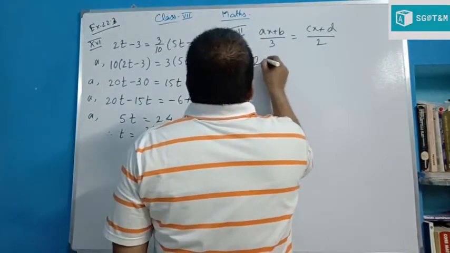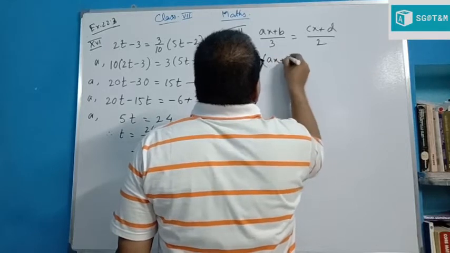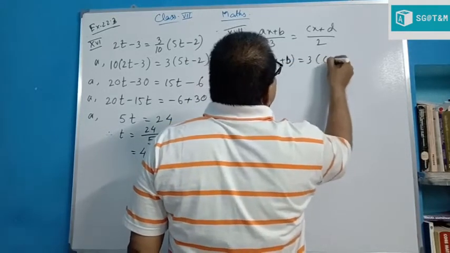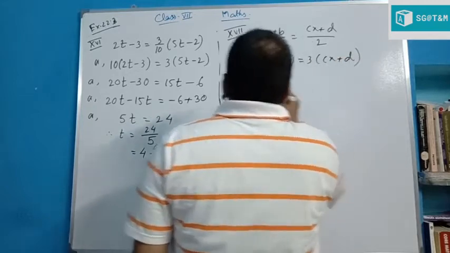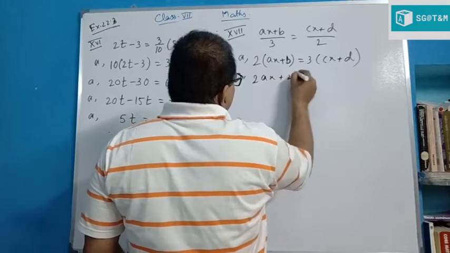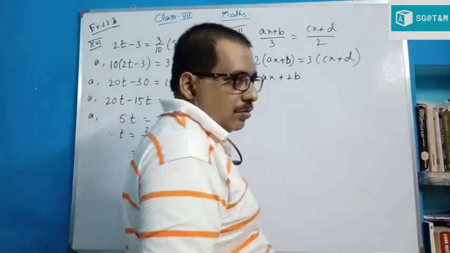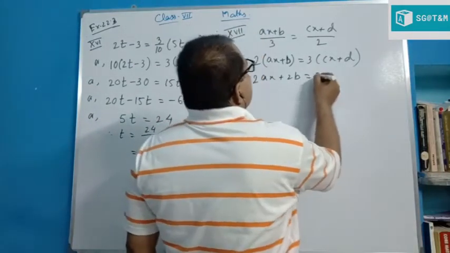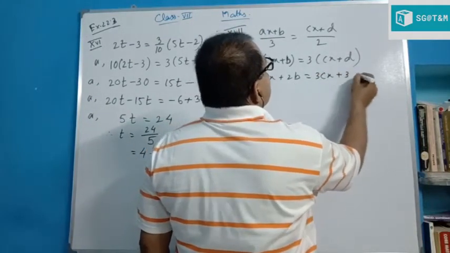So, same things, 2 into ax plus b, that is equals to 3 into cx plus d, or 2ax plus 2b, twice b, no problem, 3c into x plus 3d.